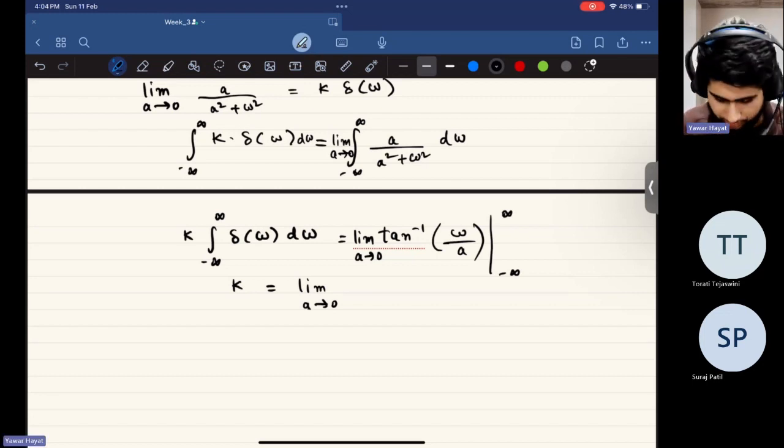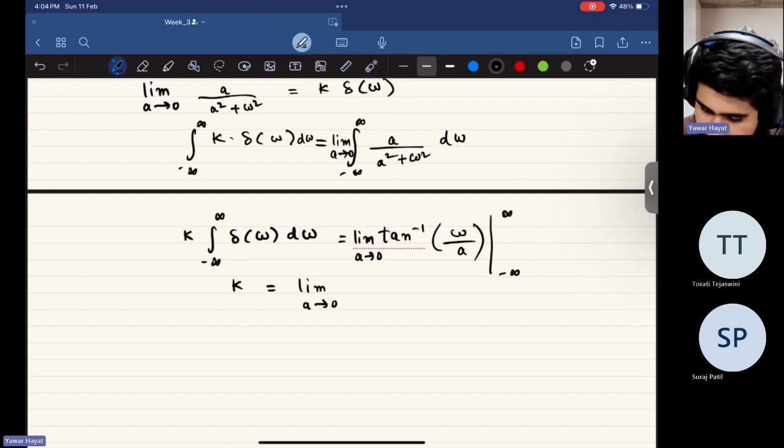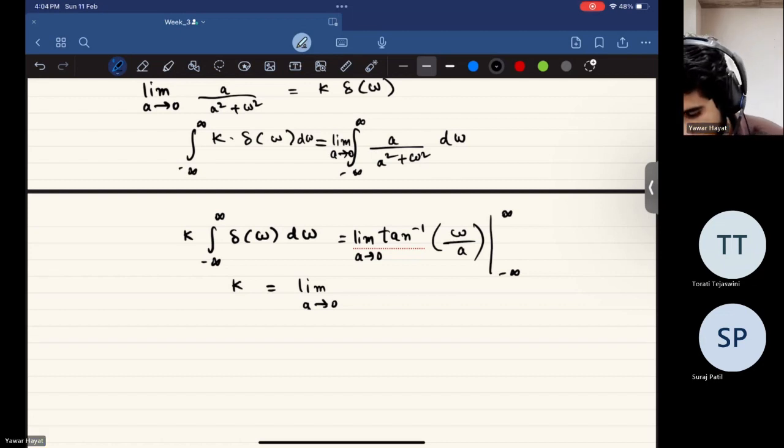When omega tends to infinity, what is this? Tan inverse omega by a should be pi, right?